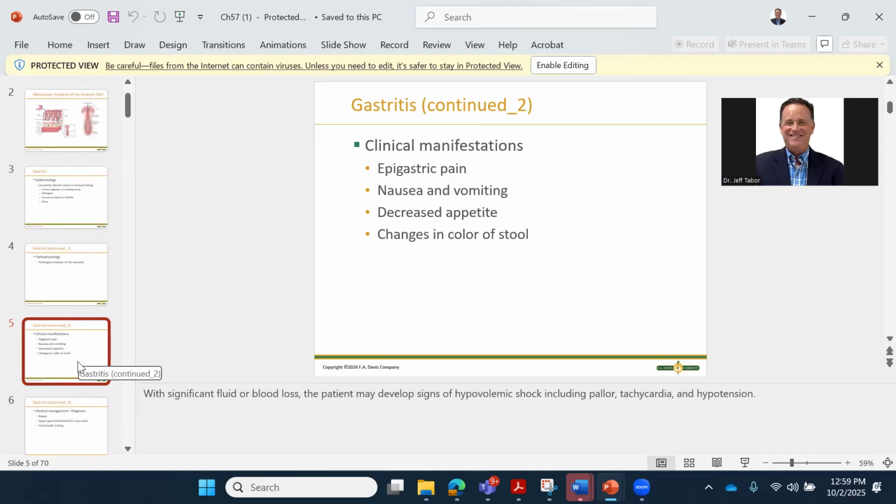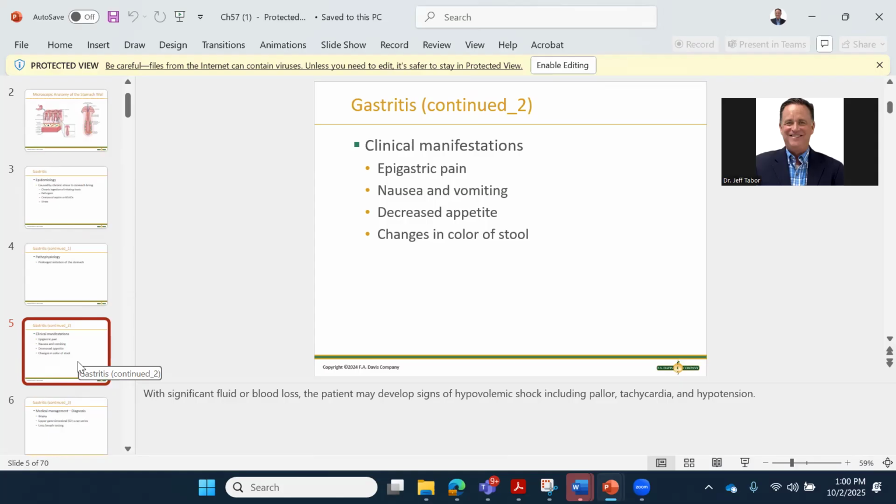Gastritis manifestations include epigastric pain, nausea and vomiting, decreased appetite, and changes in color of stool, especially if the stool is turning black or tarry, or melena. That's often a sign of an upper GI bleed.